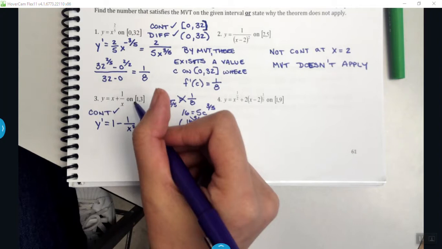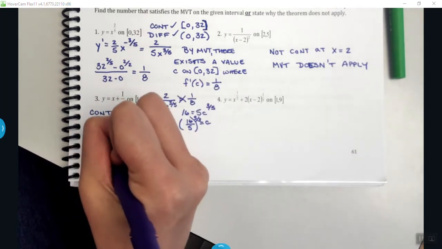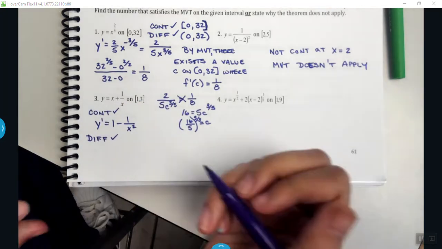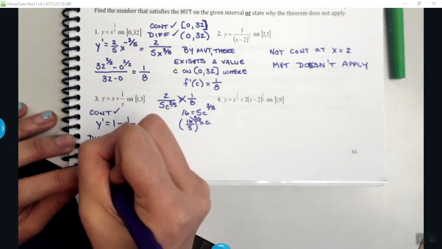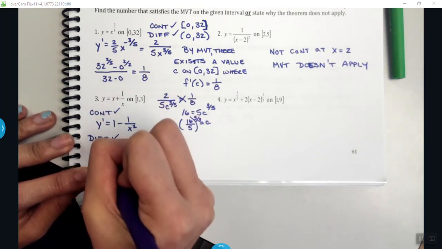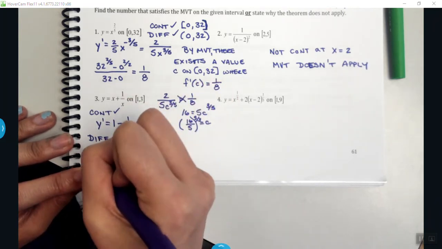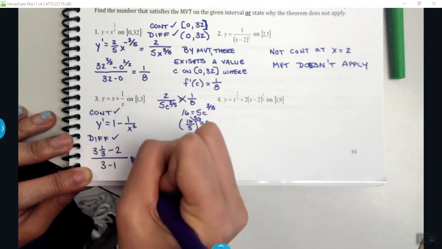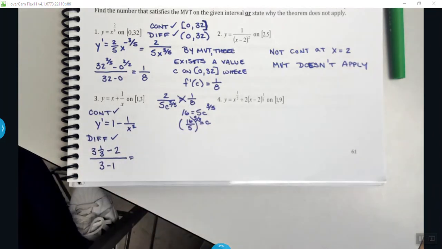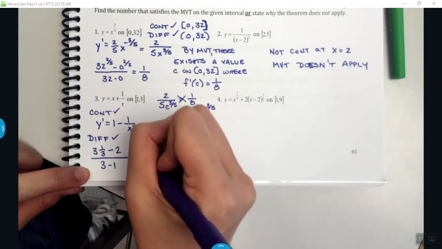Is that differentiable on 1 to 3? Yes, differentiable. And then we do 3 1/3 minus 2 over 3 minus 1, or 10 thirds minus 6 thirds is 4 thirds over 2 is 2 thirds.